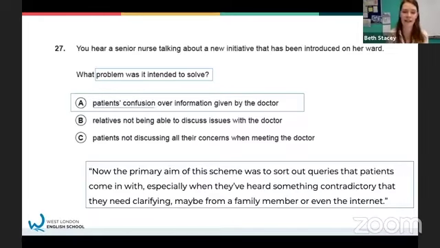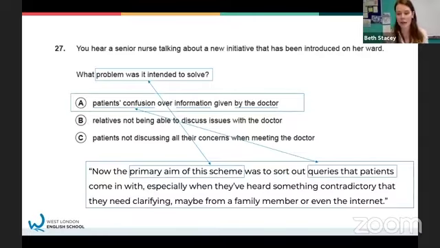So the first thing in the option, we've got patient's confusion. We've got information given by the doctor. So we can hear primary aim of this scheme, and we know that this is related to intended to solve. So intend is the aim.